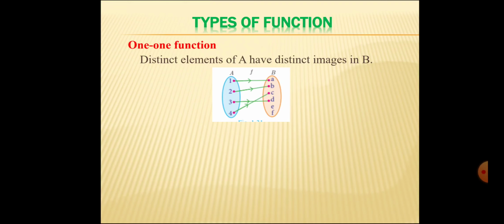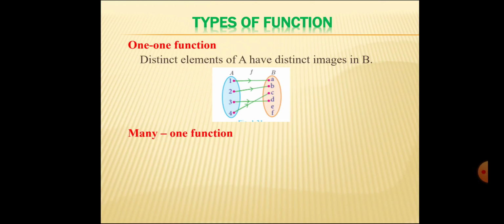So every element in A has an image, but the images are distinct. Distinct means different. So distinct elements of A have distinct images in B. So it is a one-one function.